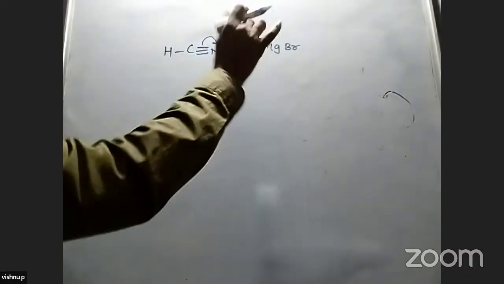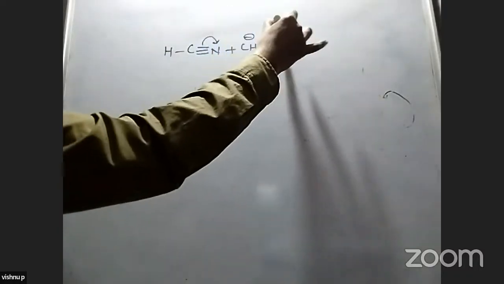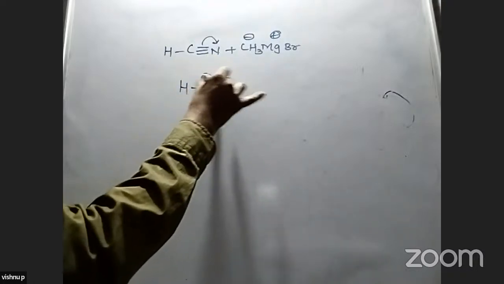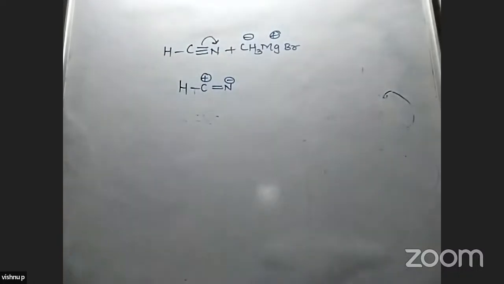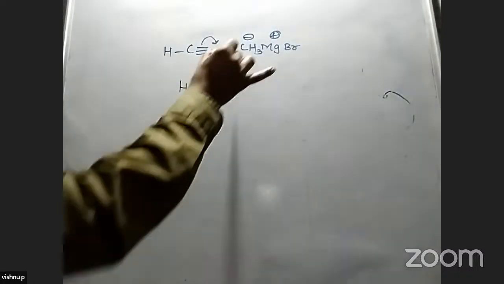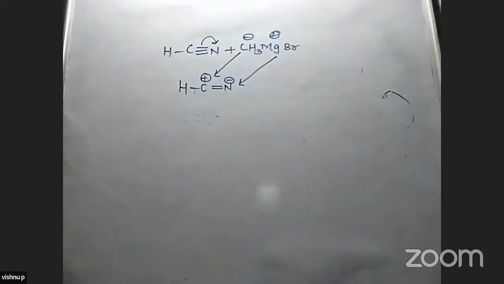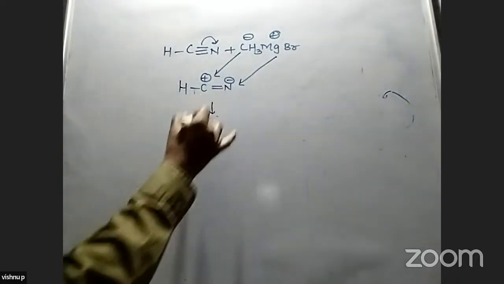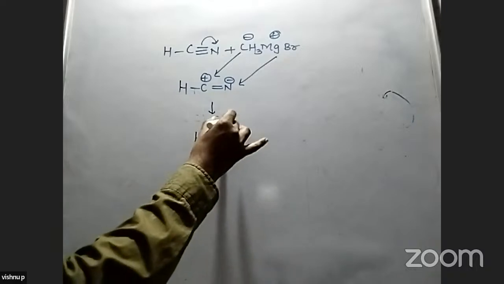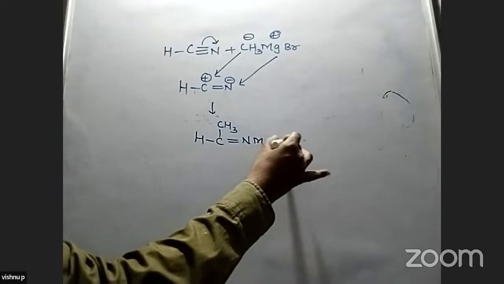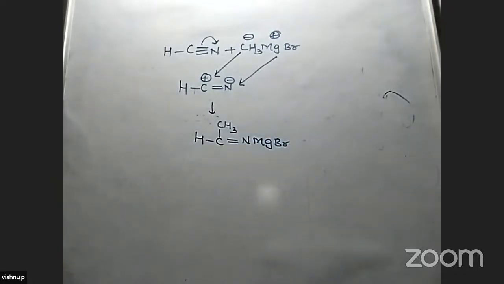We know that in Grignard reagent, this group is negative and this group is positive. So the CH3 group is attached to this carbon, MgBr is attached to nitrogen, and the compound is HC(CH3)=N-MgBr. This unstable compound is formed in this reaction.